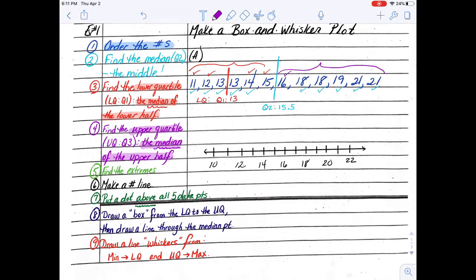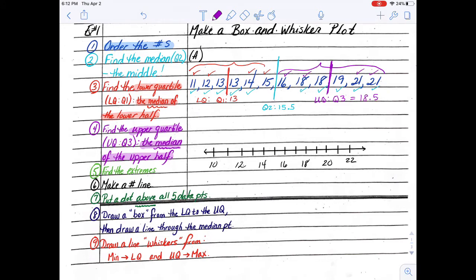So let's find the middle between those, checking them off, and I can see again, I've got 2 numbers in the middle. If there was only one, I would circle it and that would be it. But since I don't, it's actually right here. So my upper quartile, or what we also call the third quartile Q3, is 18.5.